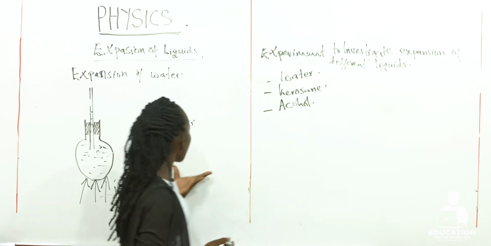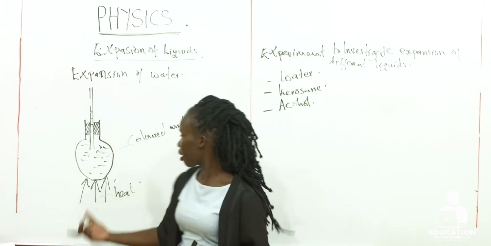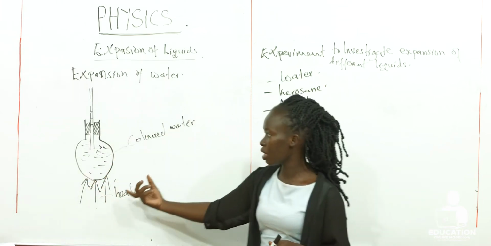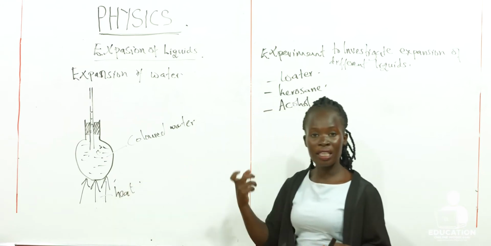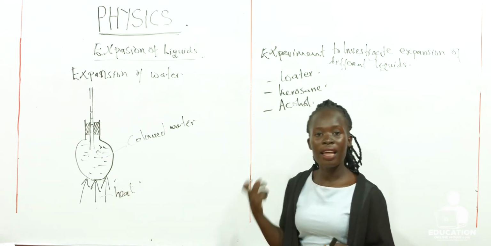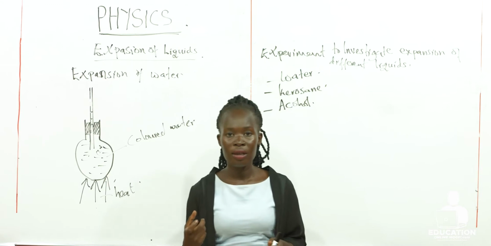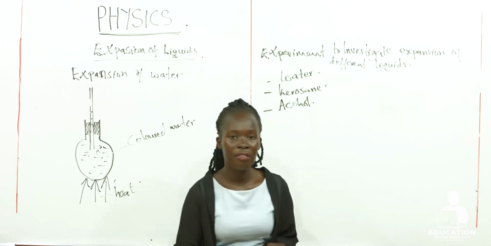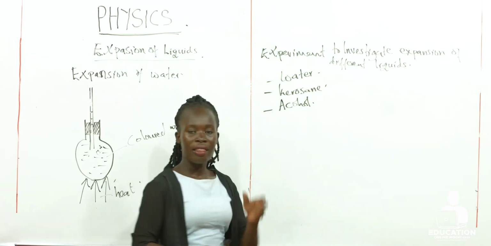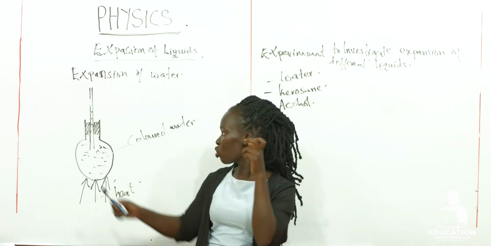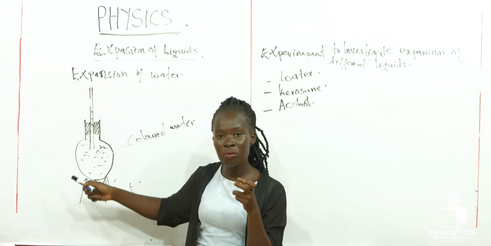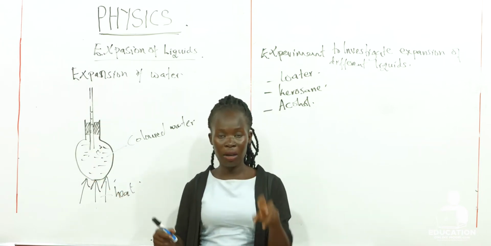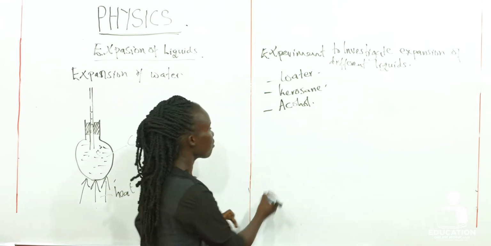So if we have our flask like what we have here without the heat, we shall have three different flasks, but let these flasks be of the same size. And if they are of the same size, they should also have the same tubes. Let them be the same in diameter.